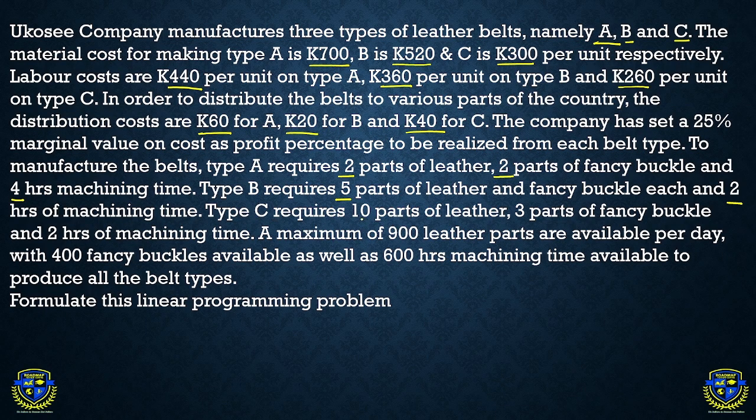Type C requires 10 parts of leather, 3 parts of fancy buckles, and 2 hours of machining time. So the question continues to say, a maximum of 900 leather parts are available per day, with 400 fancy buckles available as well as 600 hours machining time available to produce all the types of belt.